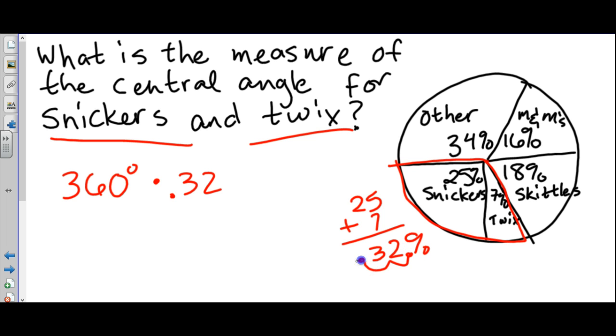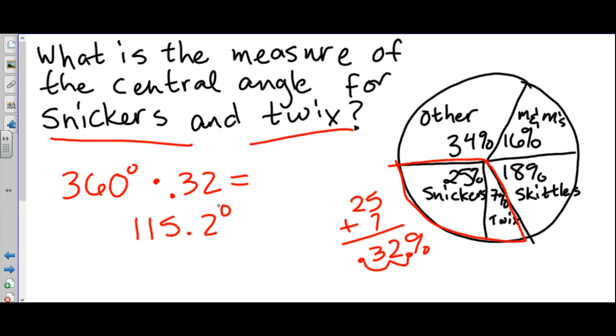And we want to move that 2 to the left to make it a decimal and no longer a percentage so that we can work with it using our multiplication or whatever operation we need to do. So 360 times 0.32 is 115.2 degrees.